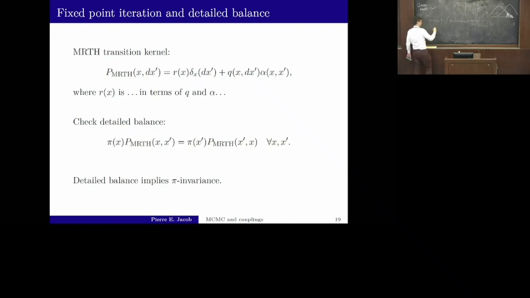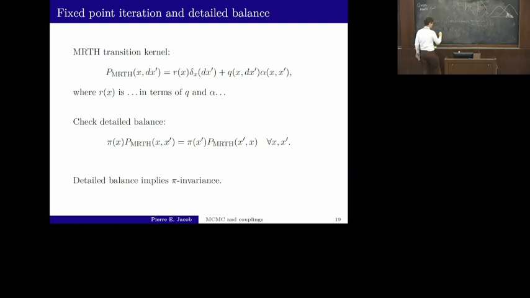Because pi invariance is the fact that pi of x prime is equal to the integral of pi of x dx p(x, x prime). Okay, so I'm going to write it more simply with pi of x dx.